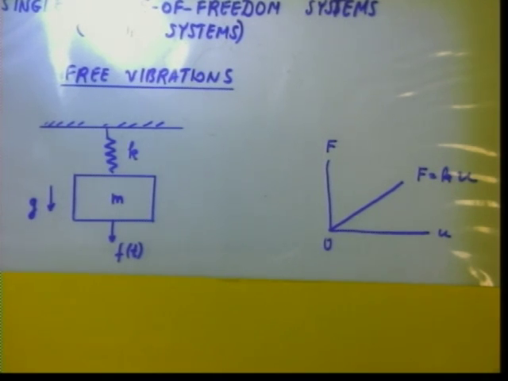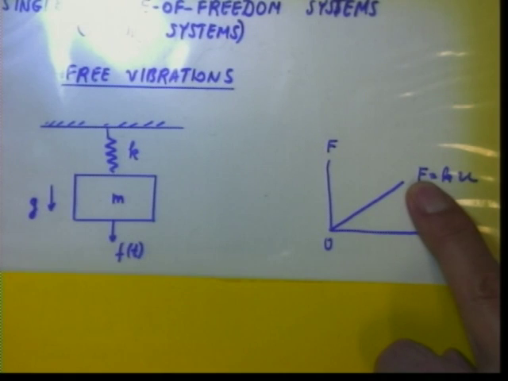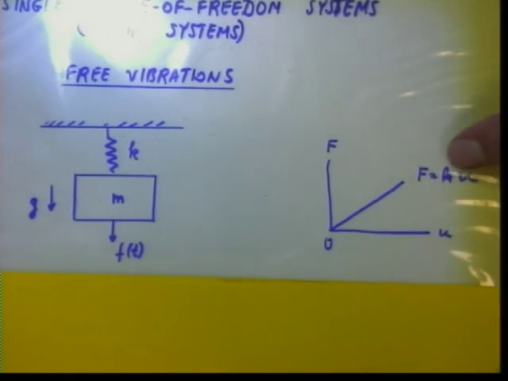For example, if K is big, then naturally for the same load, the displacement will be smaller, is it right? Again, for the same load, imagine I'm using 1 Newton. Then if K is big, then u will be smaller, because the product should be 1.